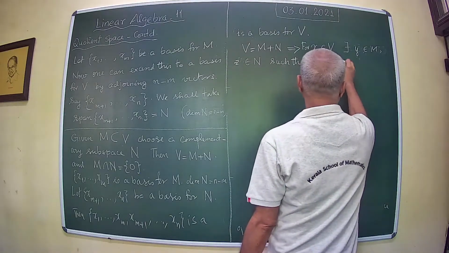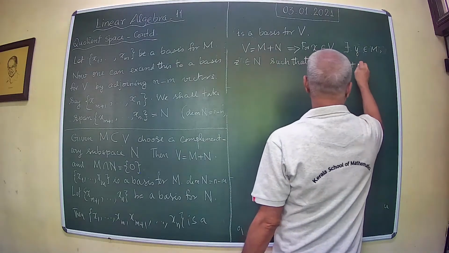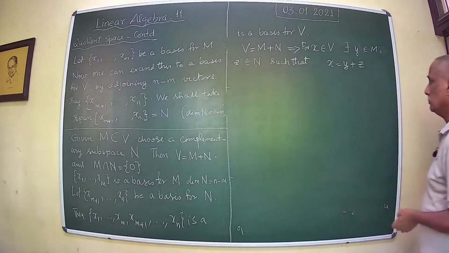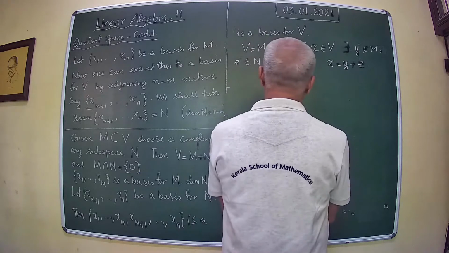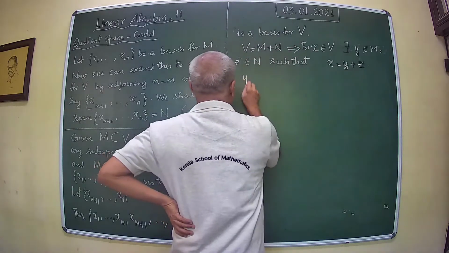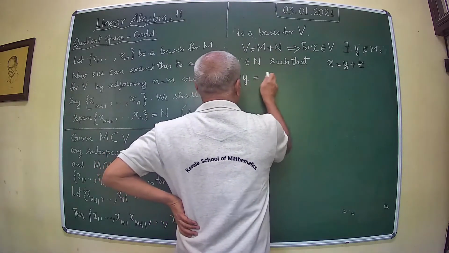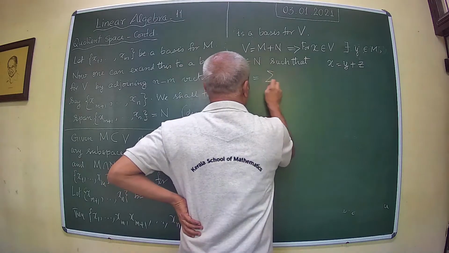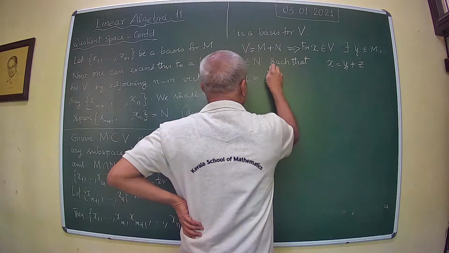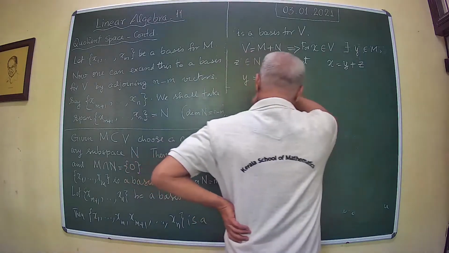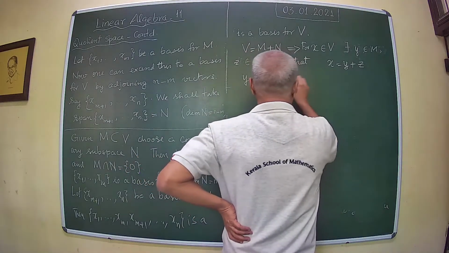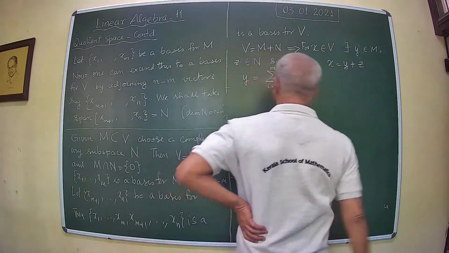Now y belongs to M and z belongs to N. Therefore y is a linear combination, sum over i equal to 1 to m of ci xi.